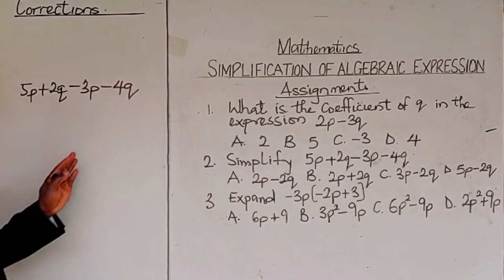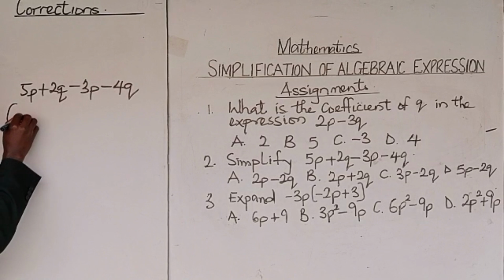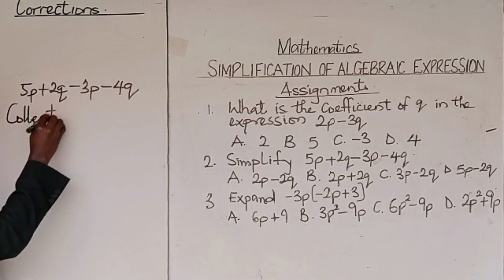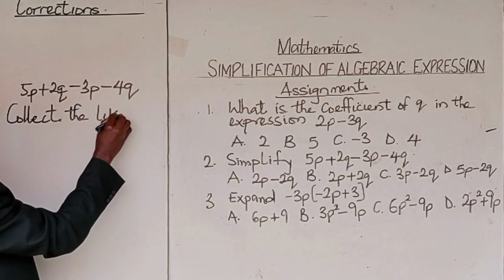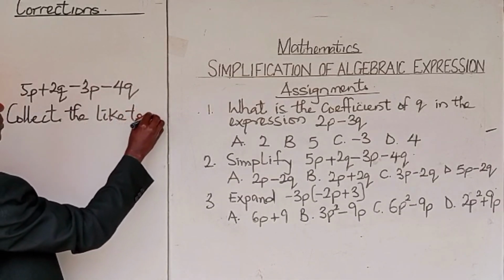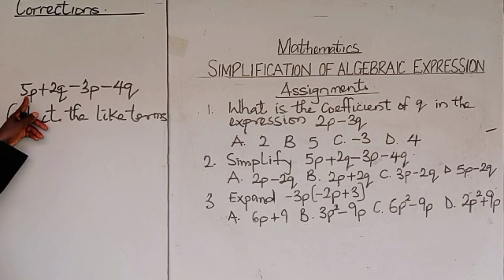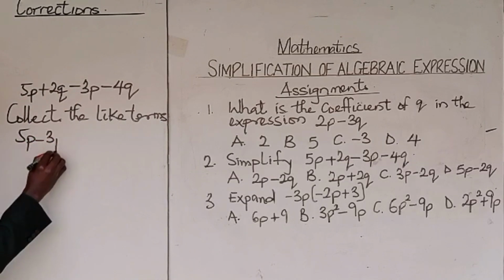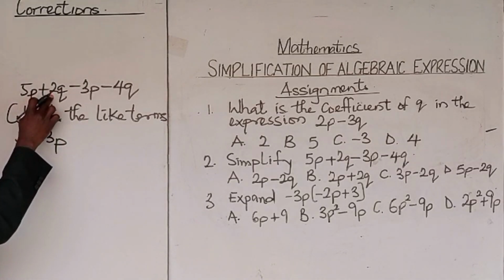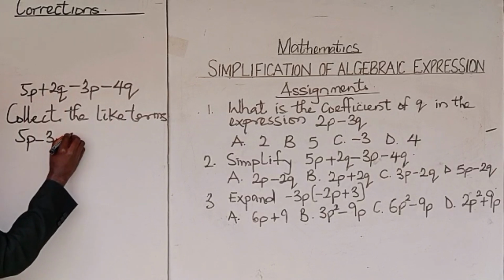The first thing you are going to do to solve this problem is collect the like terms. 5p is like with minus 3p, so we bring it together. 2q is like with minus 4q. We equally bring that one together.